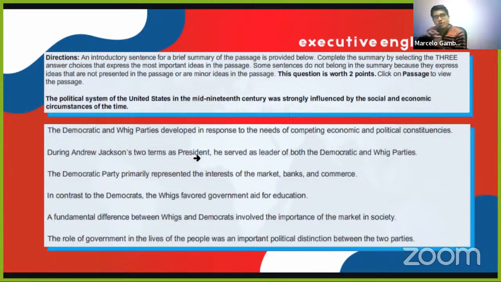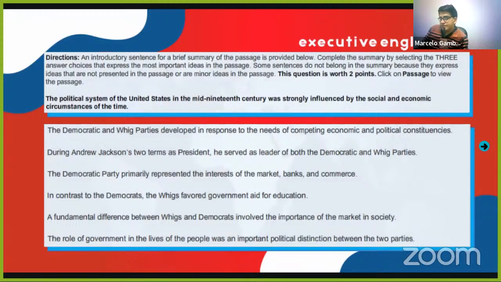Remember, the Whigs were strongest in the areas where the market was fully integrated, whereas the Democrats were strongest in rural areas where they didn't have any market integrated into their businesses, right?